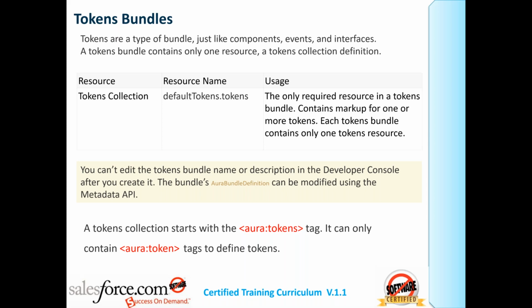Now let's understand what this token is. Every component, every application has style. When you go to the component bundle, you see there's a style. Whenever you apply a style, that style gets applied to that particular component.